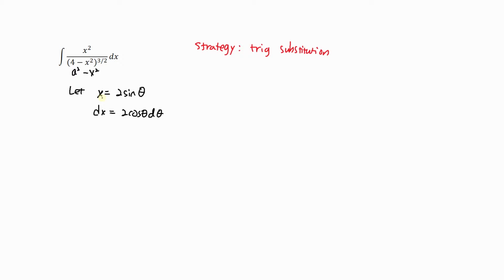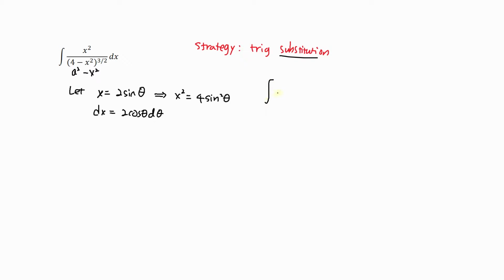Well, since I said x equals 2 sine theta, I can simply square both sides. Therefore, I get x squared equals 4 sine squared theta. Now notice that I can simply substitute all these. That's why I call it substitution, and we're using trig functions. So let's plug them in.